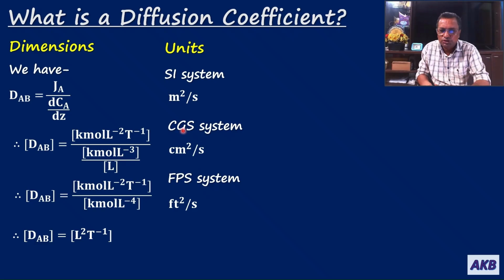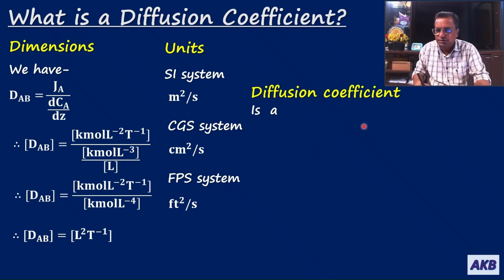But mostly diffusion coefficients in literature are reported in centimeter square per second.